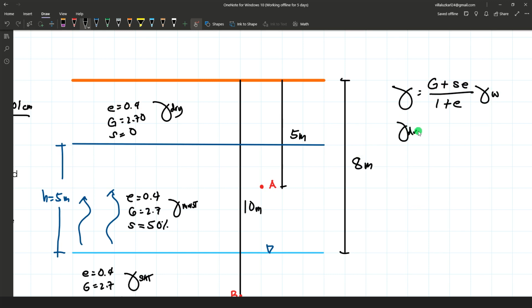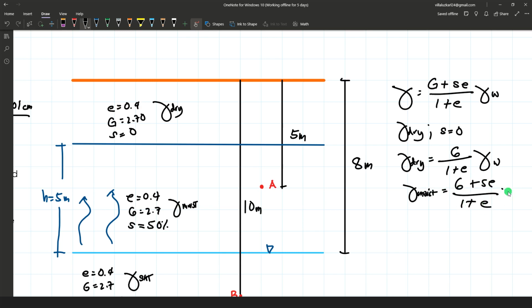For dry unit weight, the degree of saturation is 0. So 0 times E, this term will be cancelled out. So the dry unit weight is equal to G over 1 plus E, times the unit weight of water. For the moist unit weight, we have a given degree of saturation, so we can just use this general solution for the unit weight.